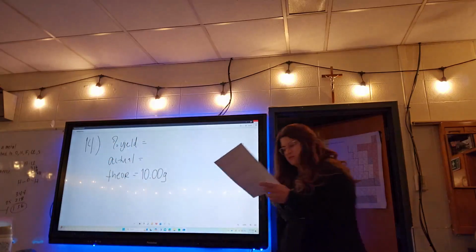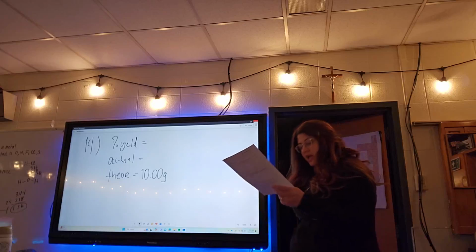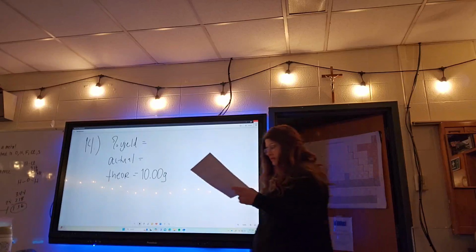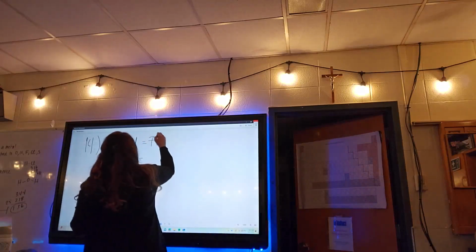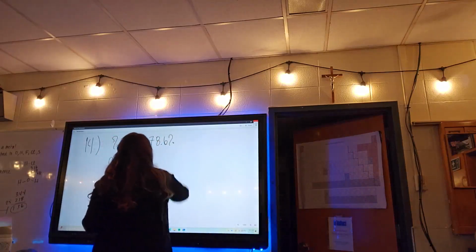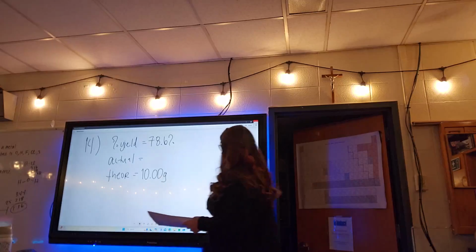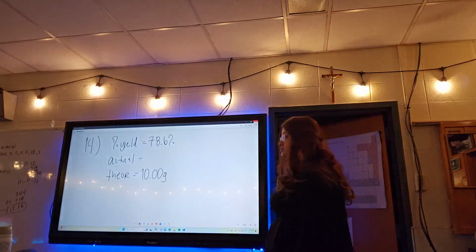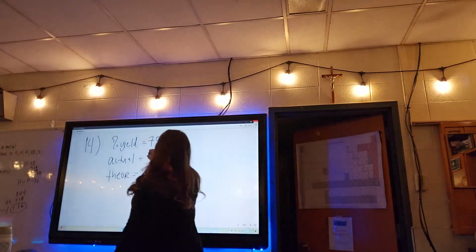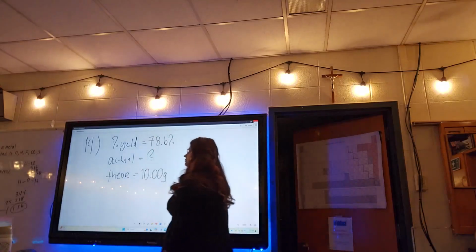How many grams of the product would be produced if the reaction had a percent yield of 78.6%? So I'm going to put that value in percent yield because it tells me in my problem that's the percent yield. So question mark then is the one you don't know.